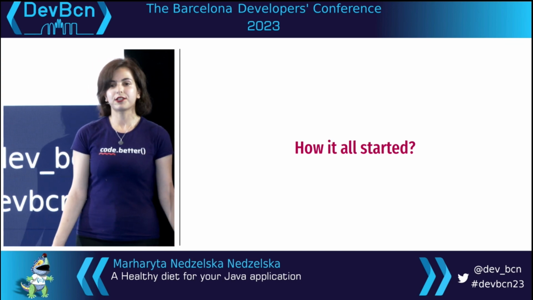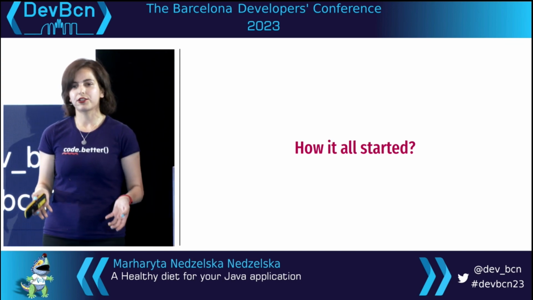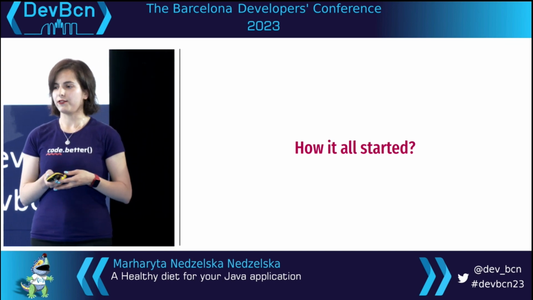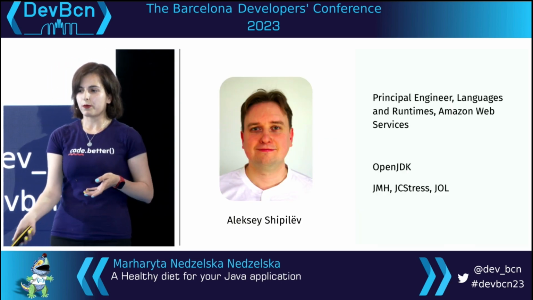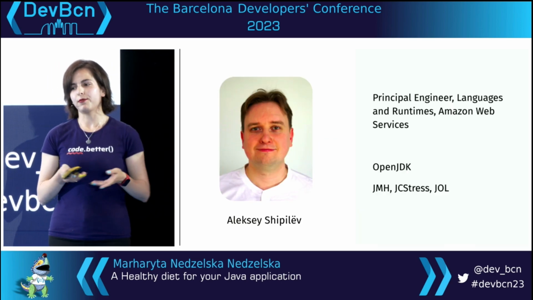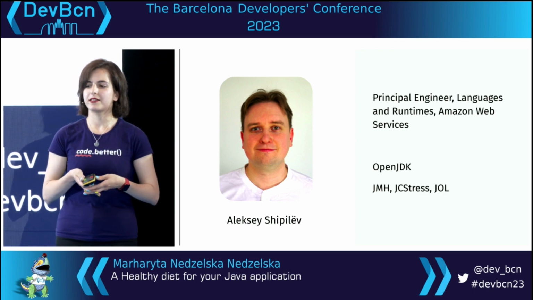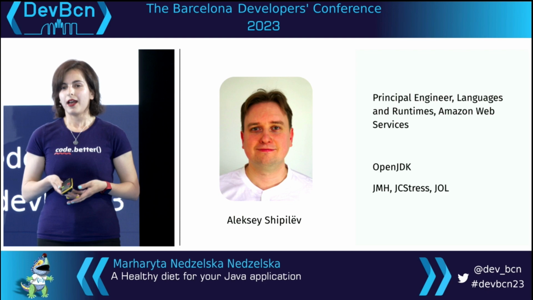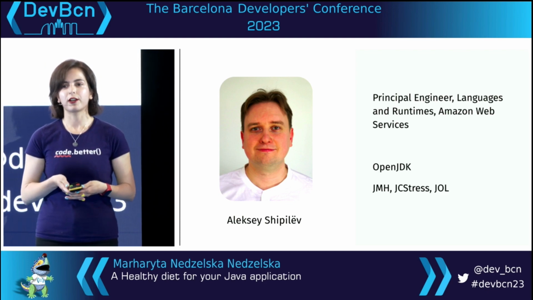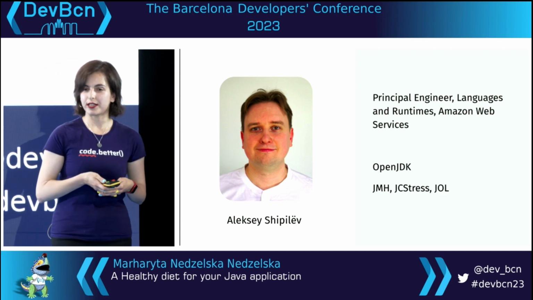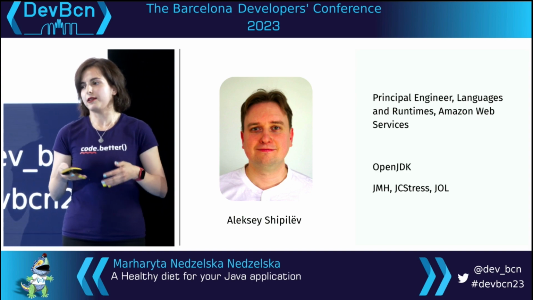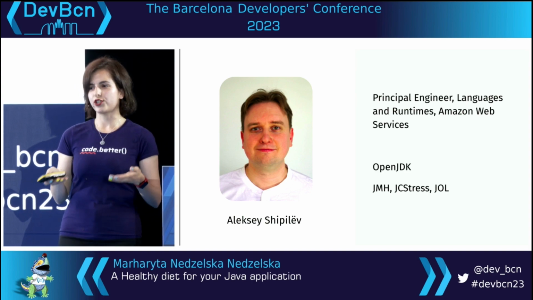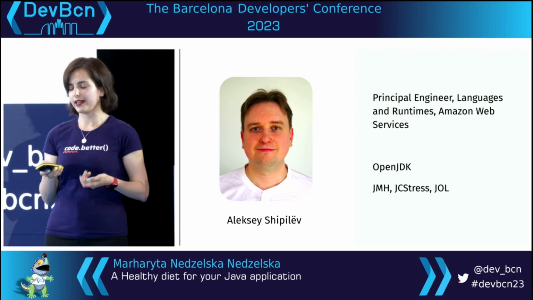So, how did it all start? Why am I here talking about memory leaks? You probably know this guy, or you might not, but this is Alexey Shipilev, a principal engineer at Amazon. He's famous for his valuable contributions in OpenJDK and projects like JMH, JCStress, Java Object Layout.